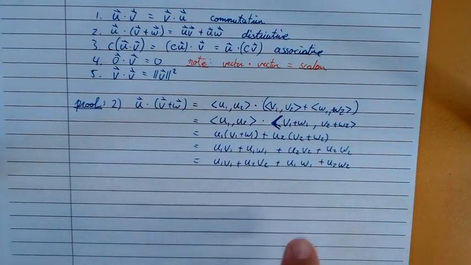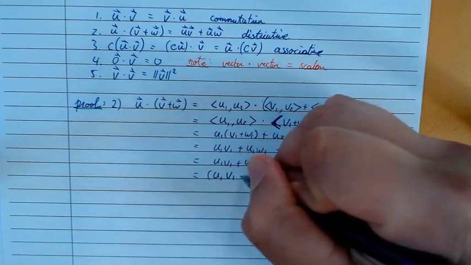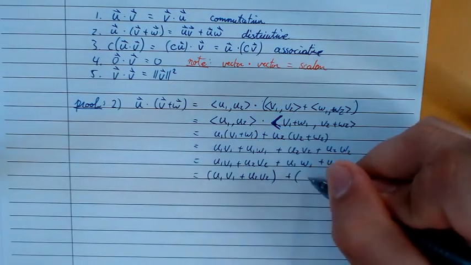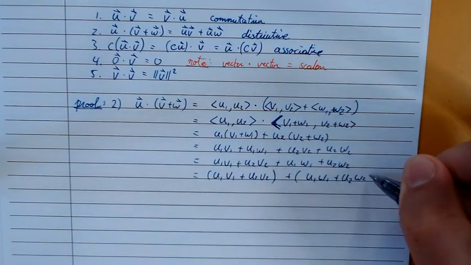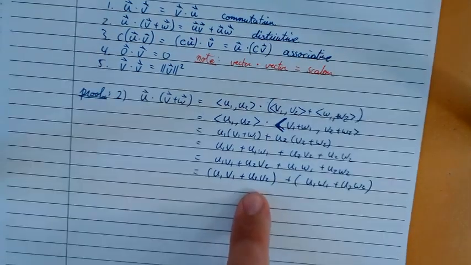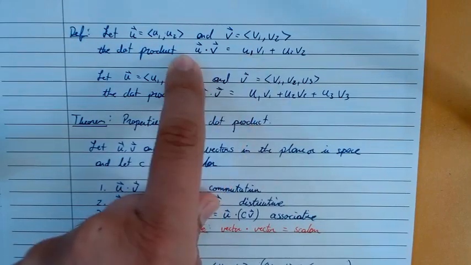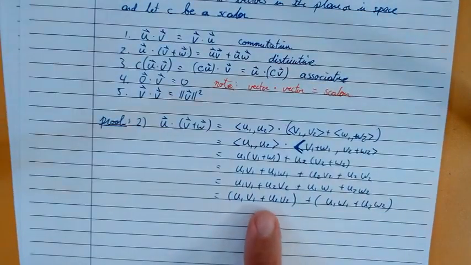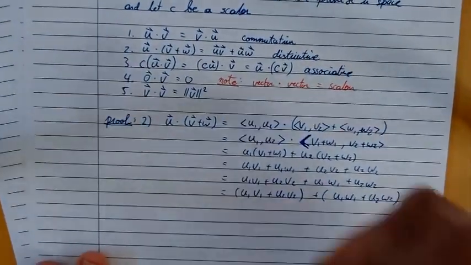It's associative, not just commutative. So I can group it however I like. So u1 v1 plus u2 v2, let me group those two, plus u1 w1 plus u2 w2. Oh, that looks familiar, doesn't it? That's the definition of the dot product. u1 v1 plus u2 v2, those are added together. Oh, so that's u dot v.